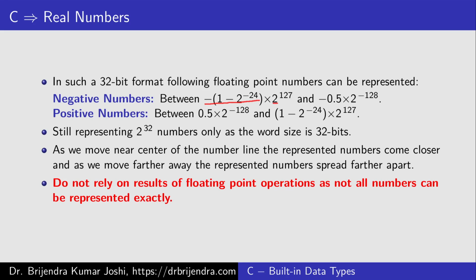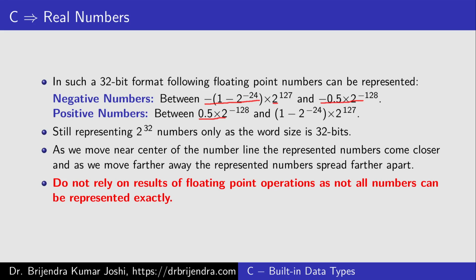This is the smallest negative number which we can represent, and the biggest negative floating point number is minus 0.5 multiplied by 2 to the power minus 128. So negative numbers we can represent between these. Positive numbers lie between these two values: 0.5 multiplied by 2 to the power minus 128, the smallest positive number we can represent, and the biggest positive number, 1 minus 2 to the power minus 24 whole multiplied by 2 to the power 127.